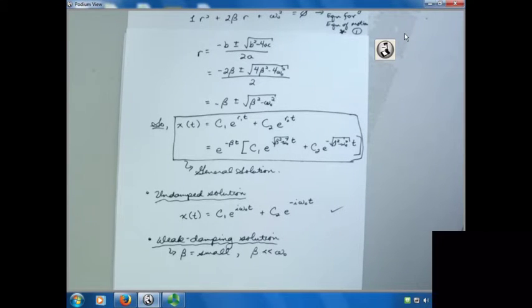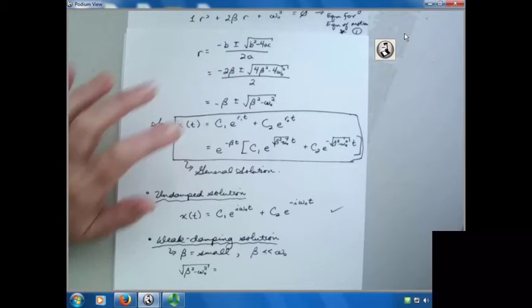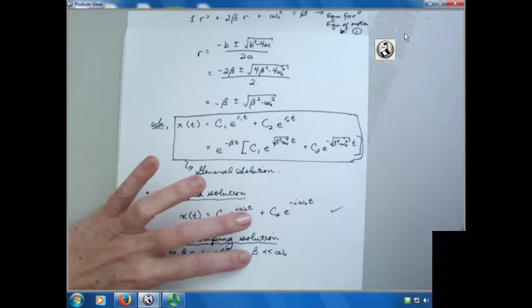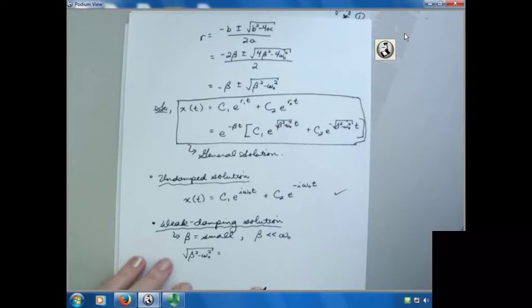Okay. So in that case, we've got this square root of beta squared minus omega naught squared. But I've just said that beta is less than omega naught. So obviously the argument of this radical is going to be a negative number.